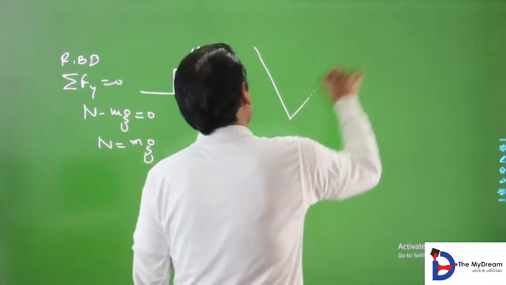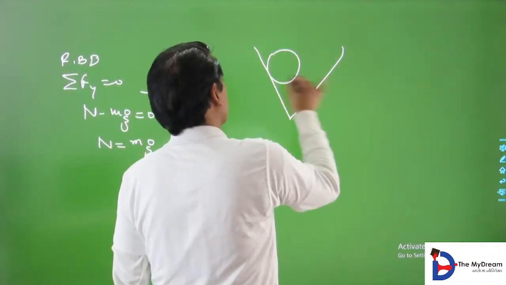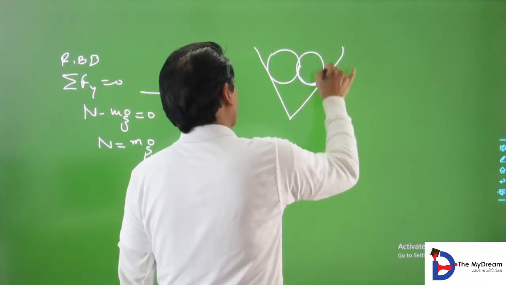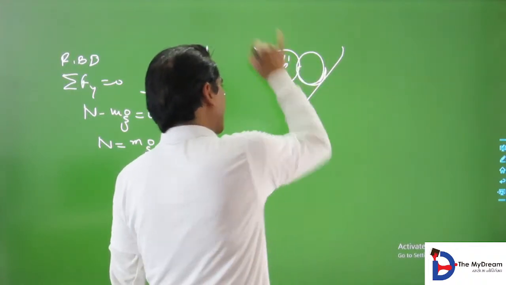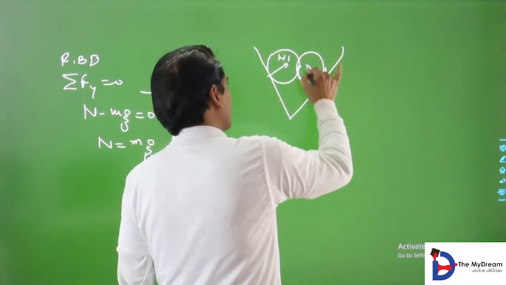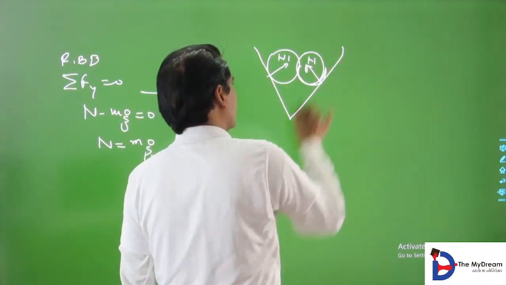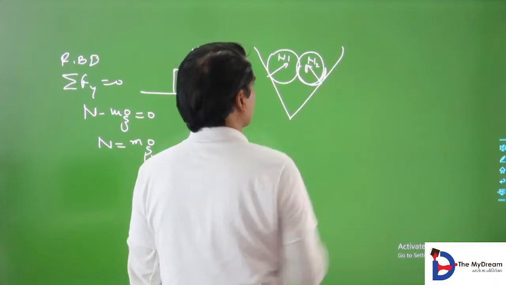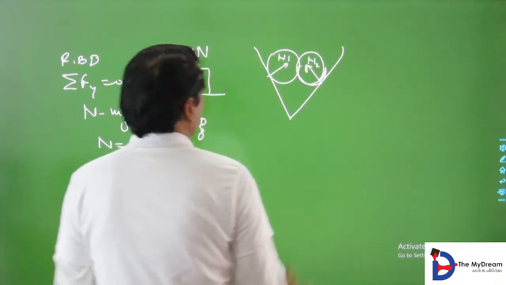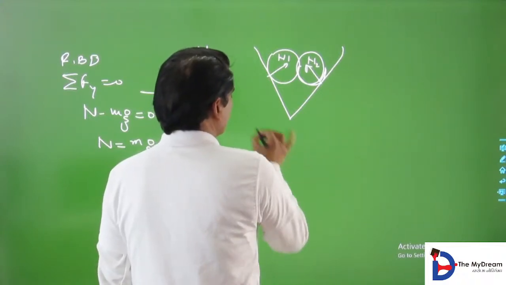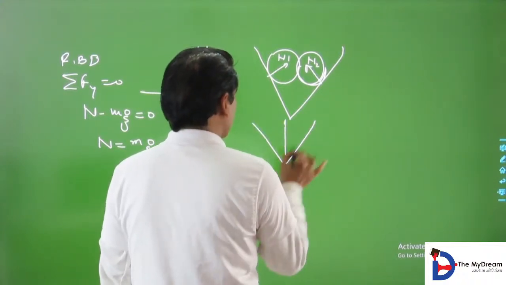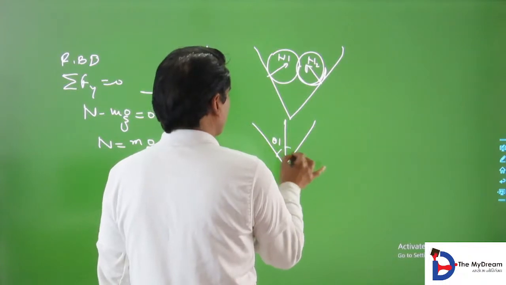Suppose a cone structure is given to you. So this one is the normal, which is perpendicular to this. This one is the normal. If you want to draw this picture, it can be written down like this, say theta 1, theta 2.